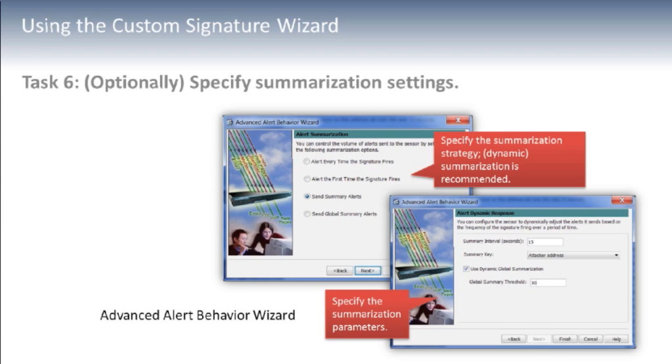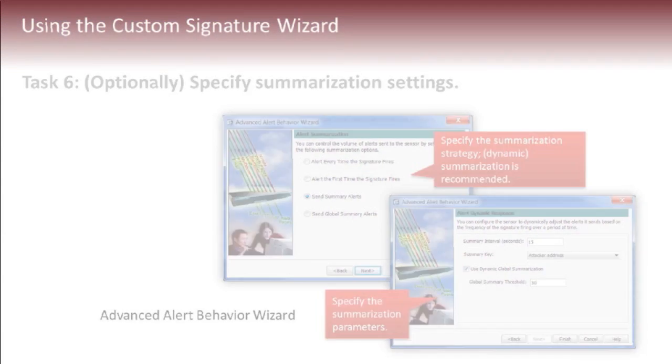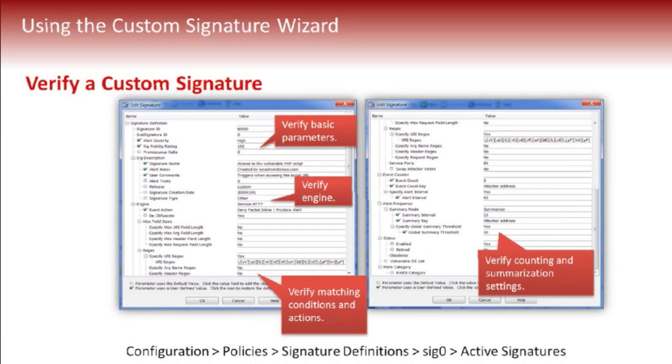And notice we can also set that dynamic global summarization. When we're done, we'll verify this thing. Go in and edit your signature that just got created and verify the settings that the wizard created for you.